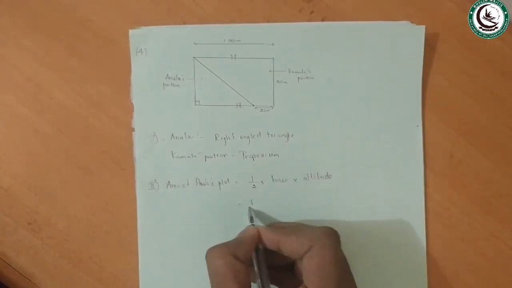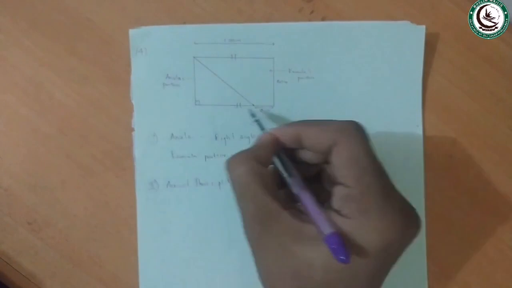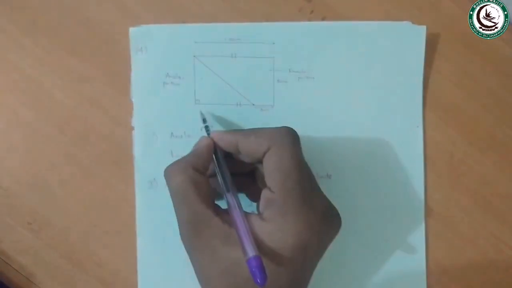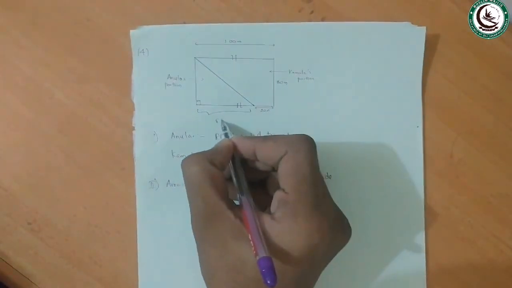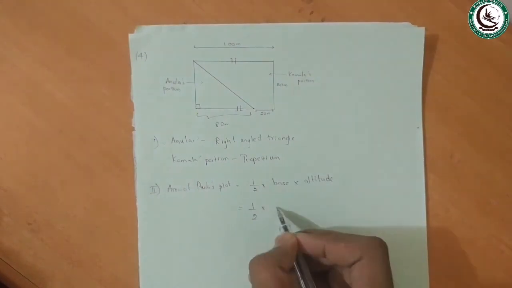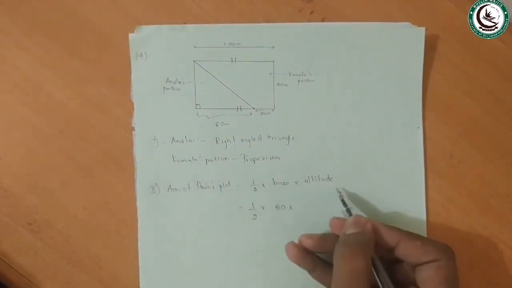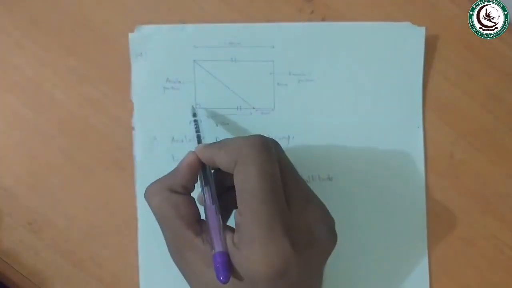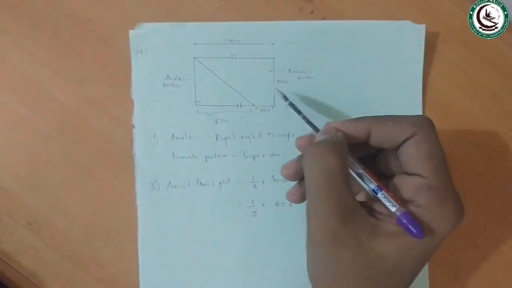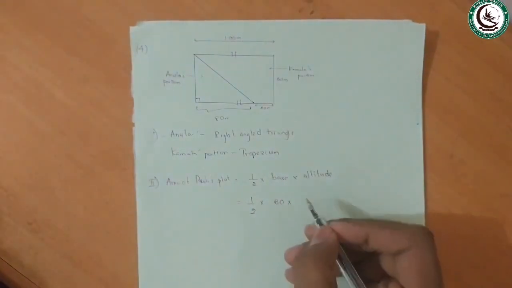So let's substitute. So what is the base here? This particular portion. You know this is 20. The whole thing is 100. That means this is 80 meters. So what's the altitude? Because it's already perpendicular, we don't need to calculate it. We directly know this height is the same as 80 meters.